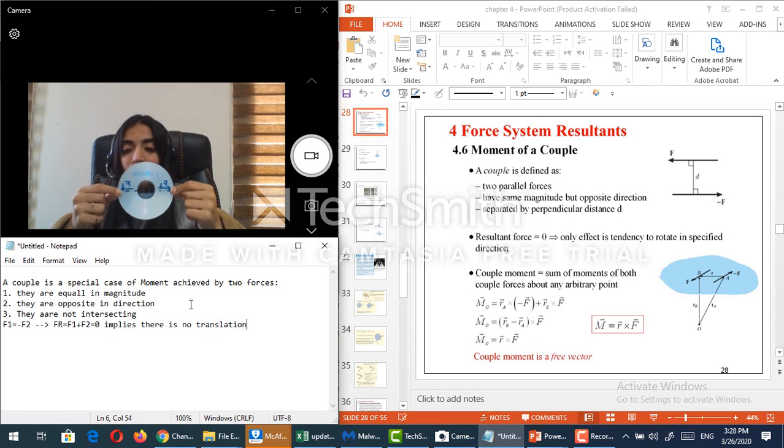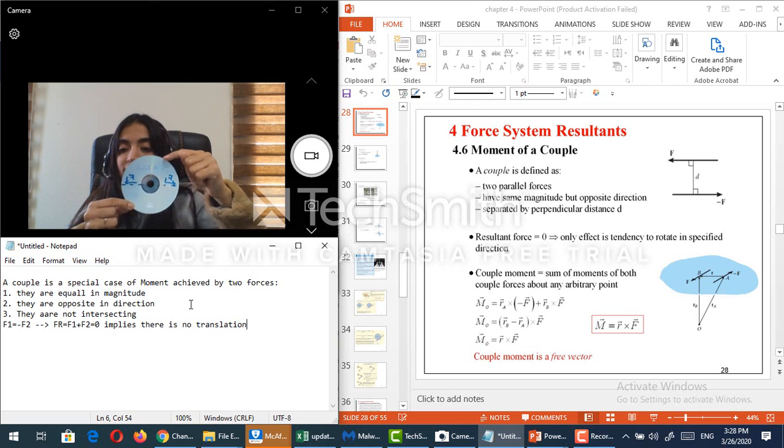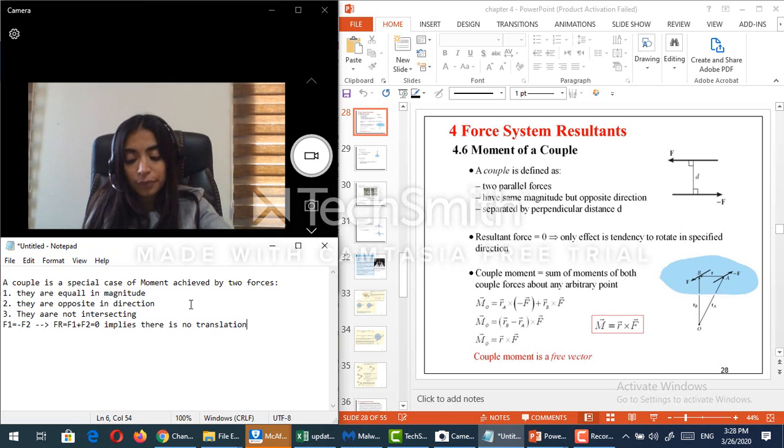Now what if I make a distance between F1 and F2? So I will put F1 here and F2 here so that I have a distance D between them.